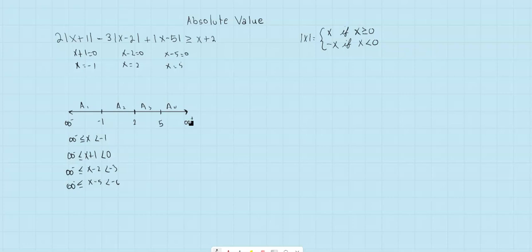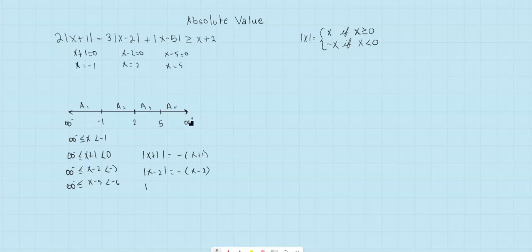Then the absolute value of x plus 1: it's between negative infinity and negative 1, so it's negative. We're going to put minus x plus 1. Then we get x minus 2, and it's also negative, so negative x minus 2.